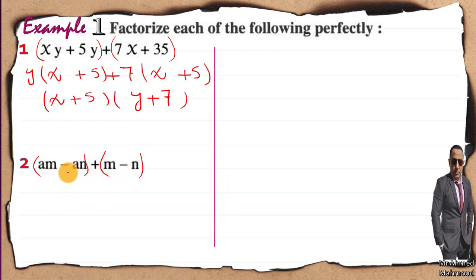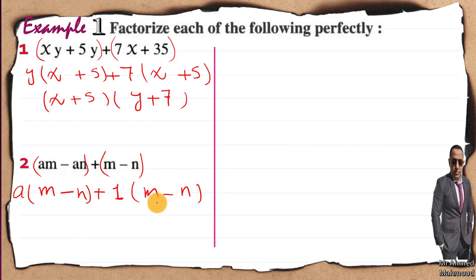Another one. Here I'm going to put them between brackets and them between brackets. Here the common factor is a, am divided by a equals m, an divided by a equals n. Here I haven't a common factor, so I'm going to make the common factor 1. If you haven't a common factor, write down 1. m over 1 equals m, minus n over 1 equals n.